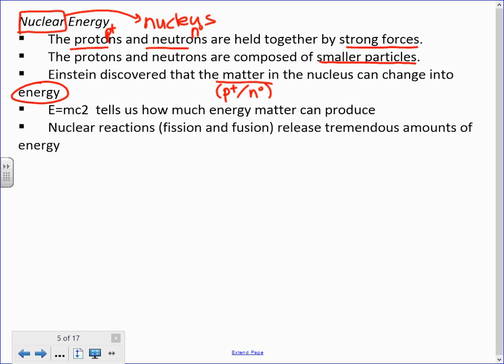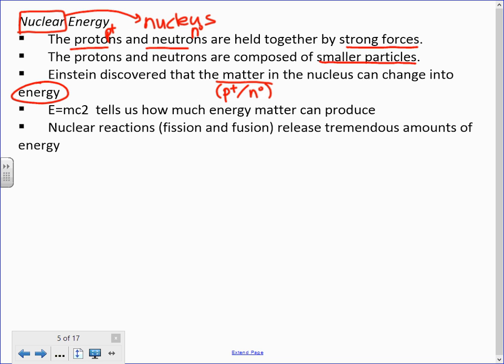The way I would calculate that, which is not the goal of our course, I'm just telling you this so you know this is where it comes from, is the E equals mc squared formula. That's how we calculate how much energy matter can produce. The E is energy, the m is mass, the c is the speed of light. That's physics. You can take physics later in your life and learn to calculate things with it. I'm just letting you know that's how we would figure it out.